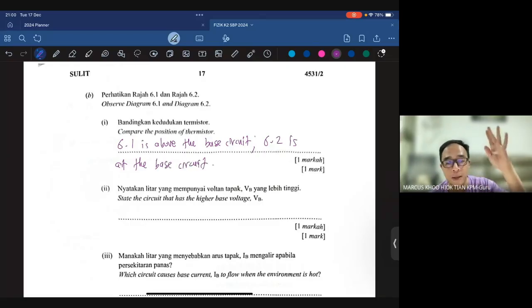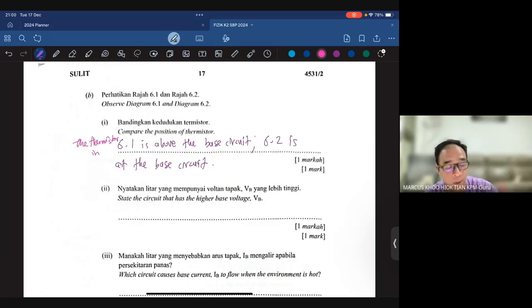Don't write above, below, don't write on top, at the bottom. Not a good idea. Either you're at the base circuit or you're above the base circuit. I think that's a bit better. The words base circuit should be there. Yes, I know this is not a very cantik answer. What you should be writing is: the thermistor in 6.1 is above the base circuit, whereas in 6.2 it is at the base circuit.